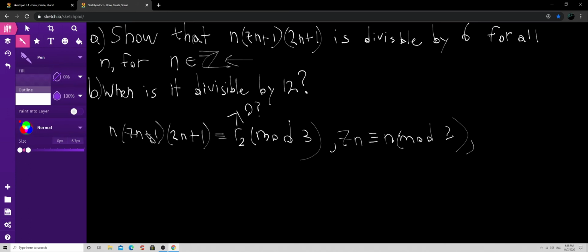Okay, so now let's simplify this. So here again we get n, and we can have this be minus n. So this is congruent to n times n plus 1 times minus n plus 1, which is congruent to, well, let's just factor that minus sign out there because this is kind of nice, and we have a very close form to 3 consecutive integers, right?